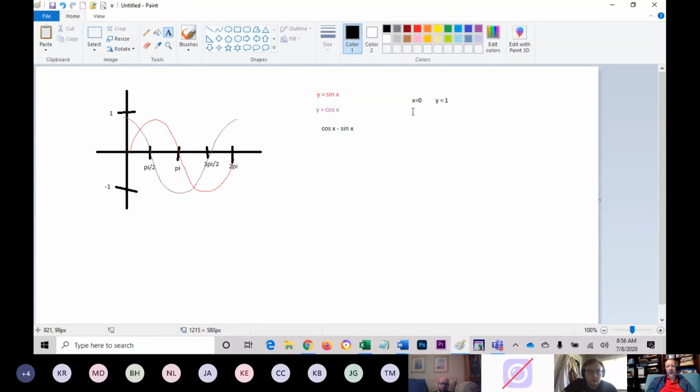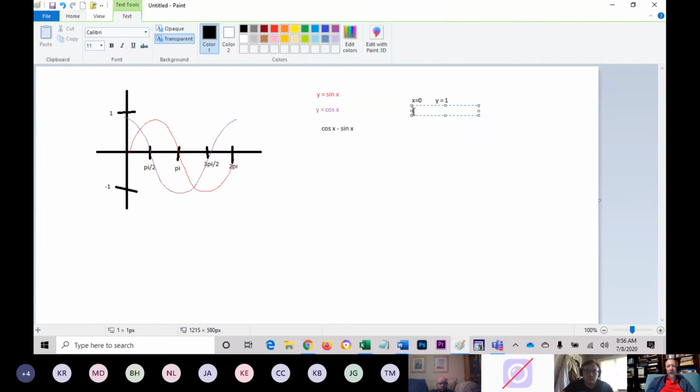Okay. So I'm going to kind of do a table here. Okay, let's talk about pi halves. So at pi halves, this is 0 and that's 1.